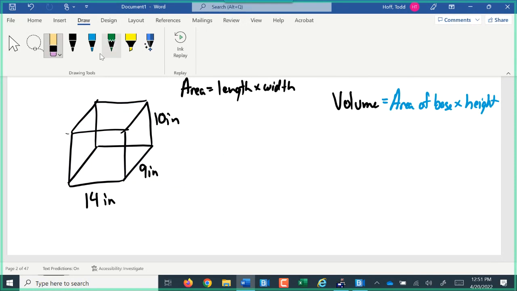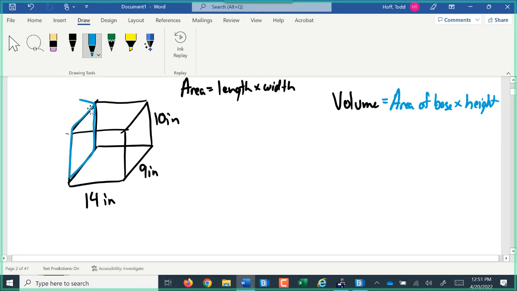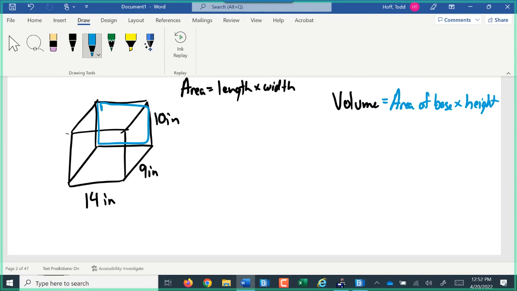Or I can take this side here and slide it side to side to make the shape, right? Yep. Or I can take the front or the back and slide that in and out to make the shape, right? Literally, any shape can be the base. So I'm going to make it easy and just take the bottom as the base. The base is not always the bottom. It's that shape that is moved to create the object, to create the solid.